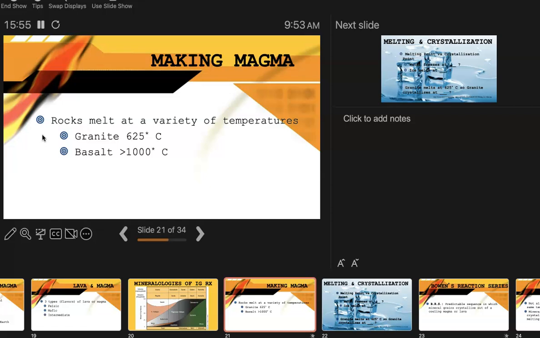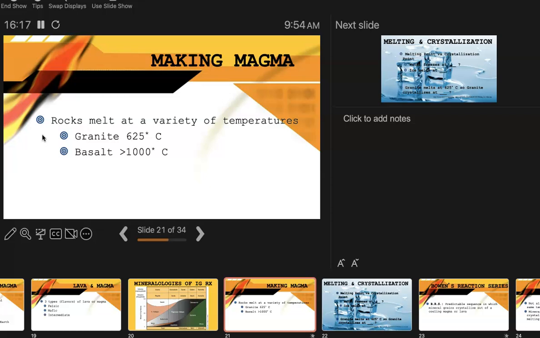Anybody here ever melt a rock? Probably not, right? Bonfires get pretty hot. Sometimes you might see a tin can that almost sort of melted. But generally speaking, we don't approach temperatures that can melt rocks.